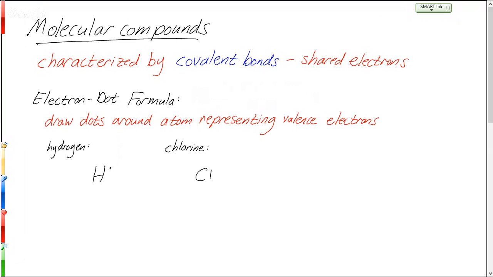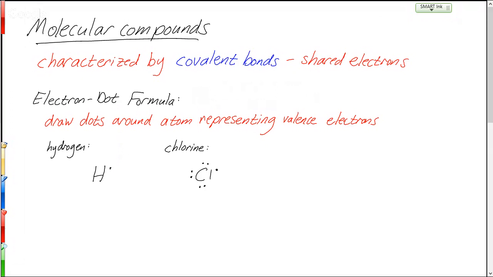So we'll put 7 electrons around. Now we could just scatter those around and put 7, but we want to use these for some things in a little bit. So it's going to be helpful if we pair those electrons up and draw it like this.